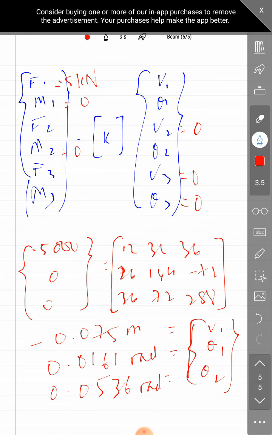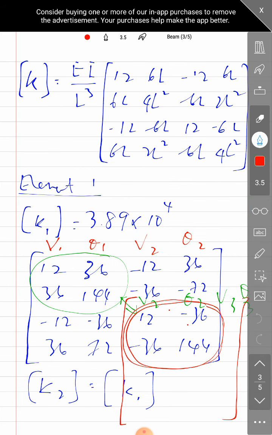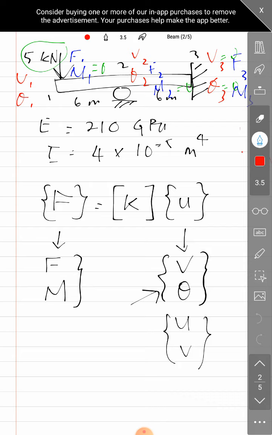It's quite simple actually. Let me just revise again. What you need to do is, first you need to find your K, the element stiffness matrix for each element. The equation is given specifically for beam and also for truss.